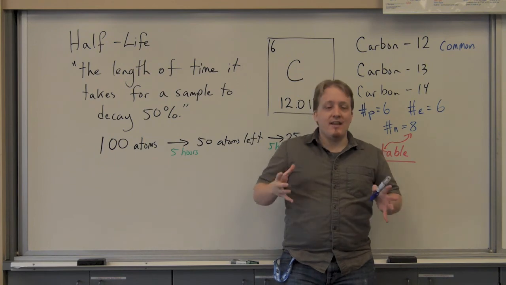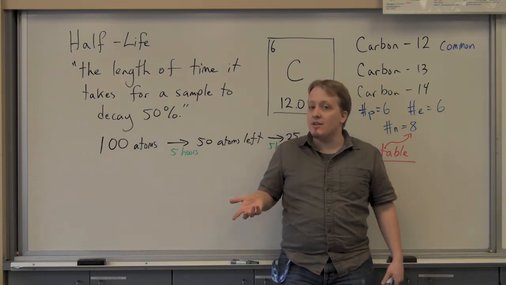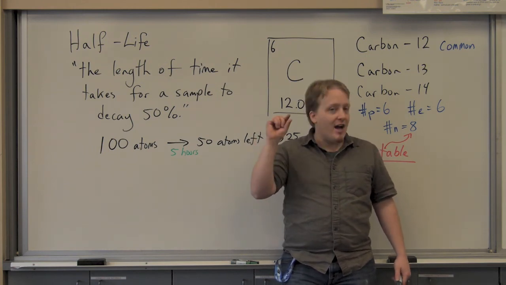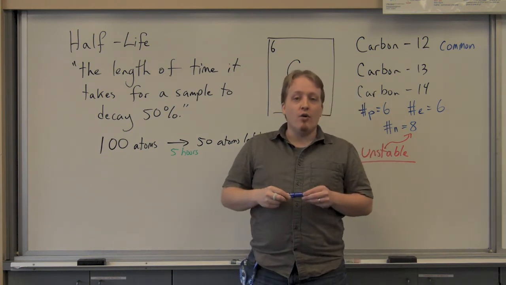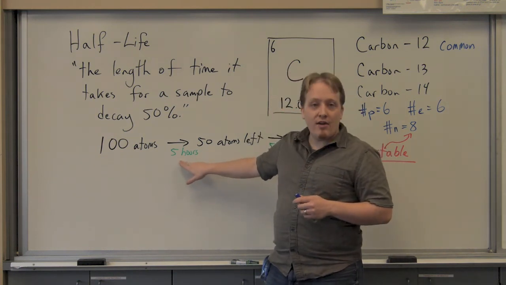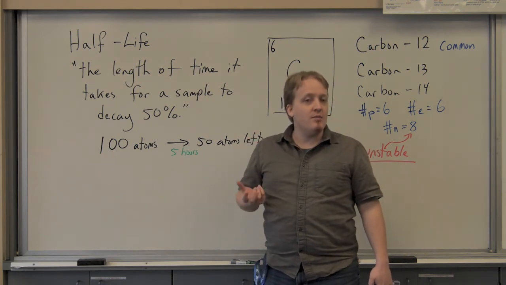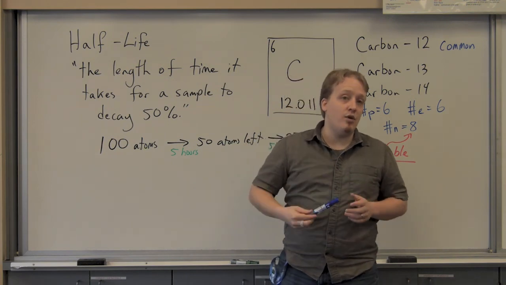But if you looked at a sample of a trillion atoms, or 100 trillion atoms, which is not that many, that's a fraction of a gram. Remember, atoms are tiny. In that sample, what you could say is that over a known time period, be it 5 hours or 5 years or 5 billion years, a portion of those atoms will decay over each time interval. We just can't say which.